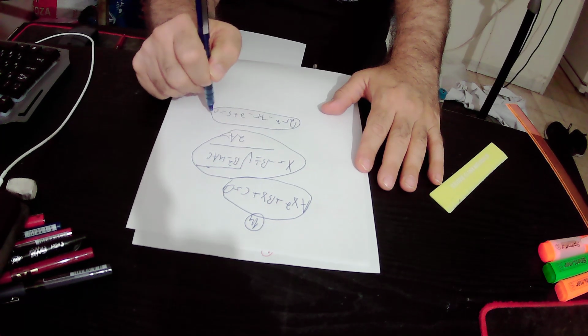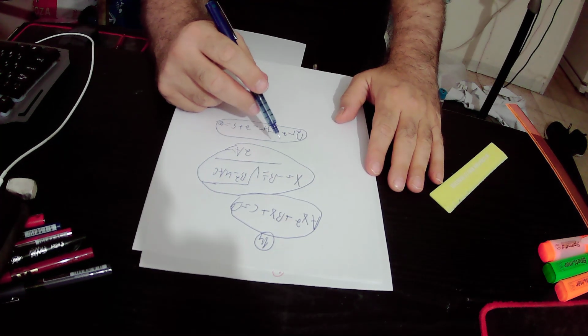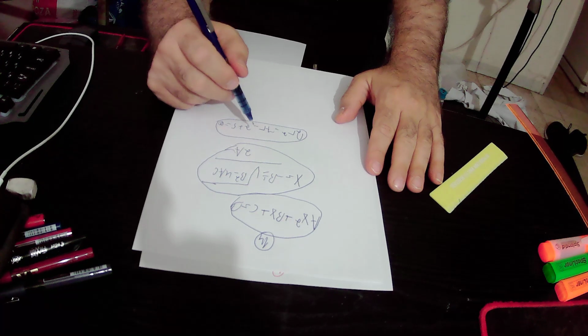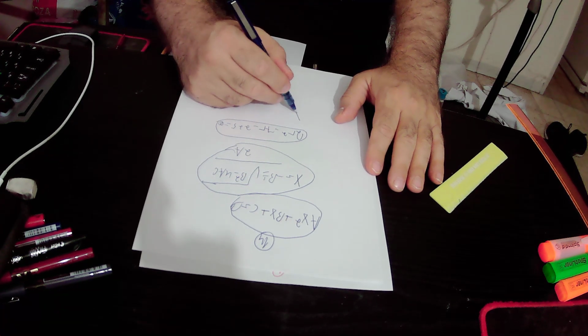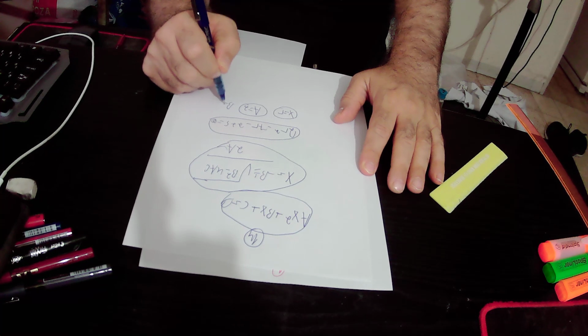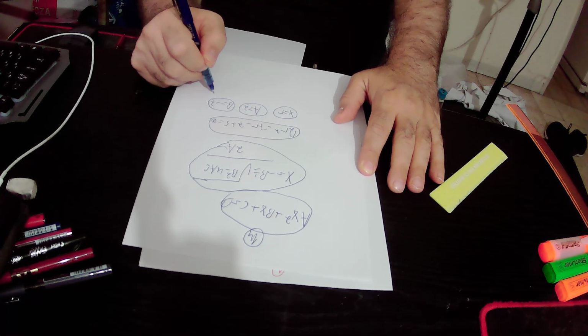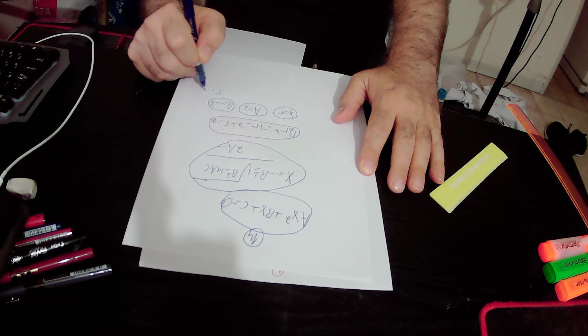So here actually the variable of this quadratic equation is r, so x equals r, a equals 2, b equals minus 7, and c equals minus 225.